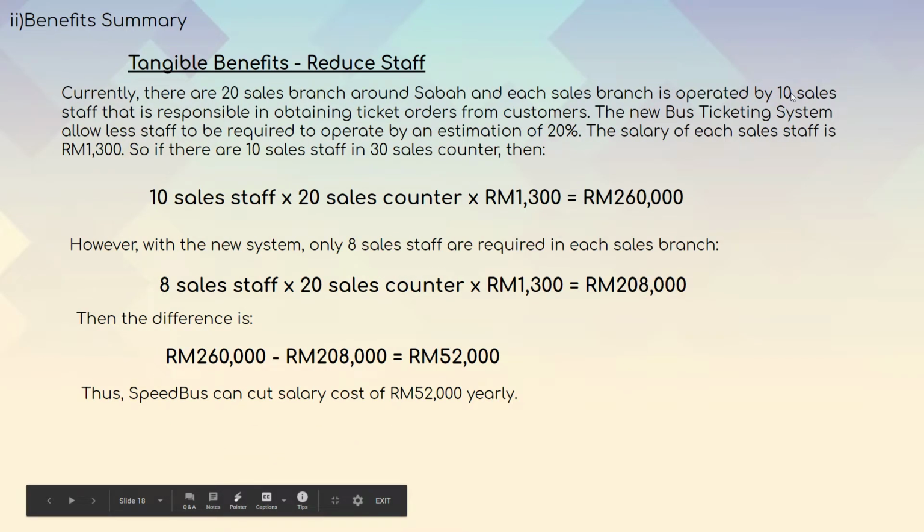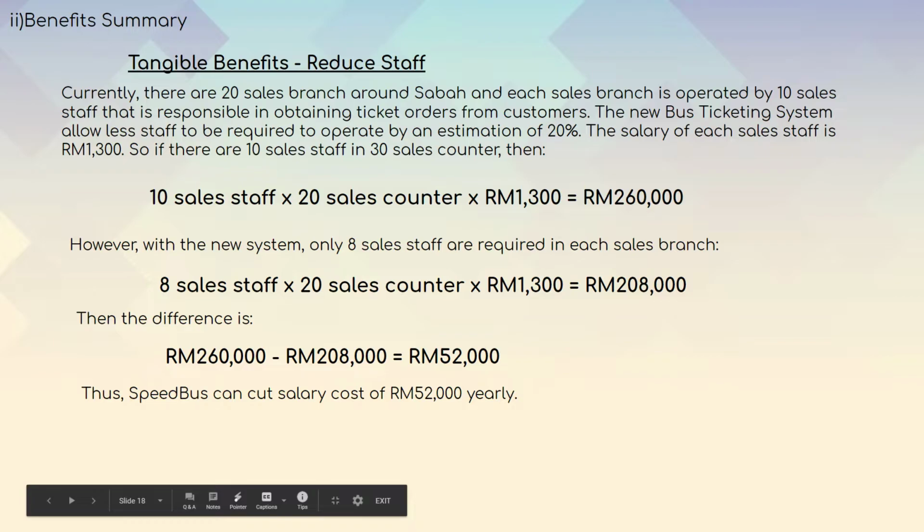So the second tangible benefit is reduced staff. Originally there are 10 sales staff in each branch, and there are 20 sales branches around Sabah. So if we calculate the total salary each month, it equals 260,000.